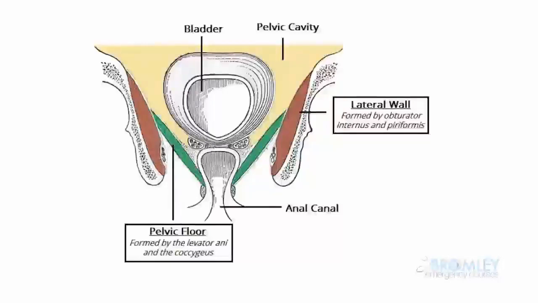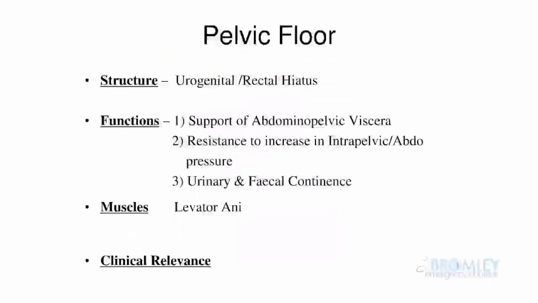Inferior perineum is nothing but the area which includes the genitals and the anus. We'll look at the pelvic floor and the muscles in detail, but the structures, as I said, in order to allow for urination and defecation, there are a few gaps, and these gaps contribute to the urogenital and the rectal hiatus. It will become more clear when I talk about it in the next slide.